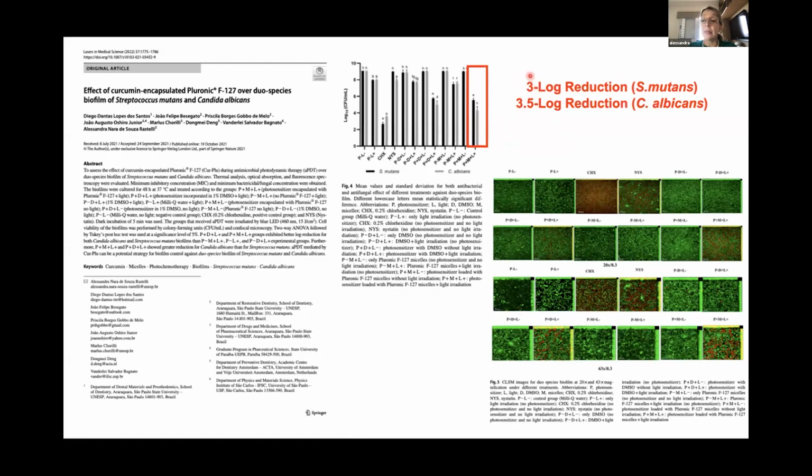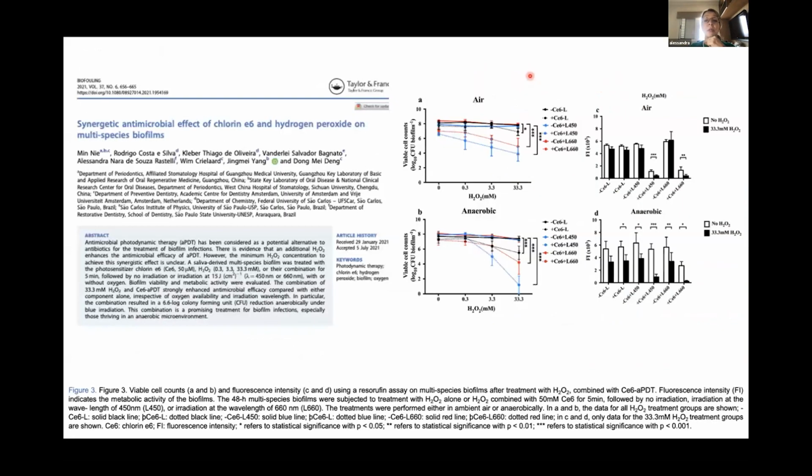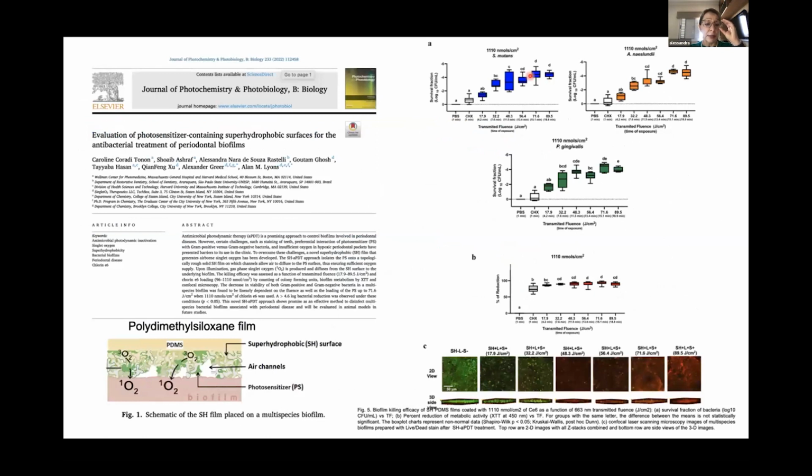We should reach at least a 3 log reduction of killing for different kinds of biofilms. Here we have another paper that we published using the association of chlorin e6 and hydrogen peroxide, and we show that hydrogen peroxide can improve the results of APDT.